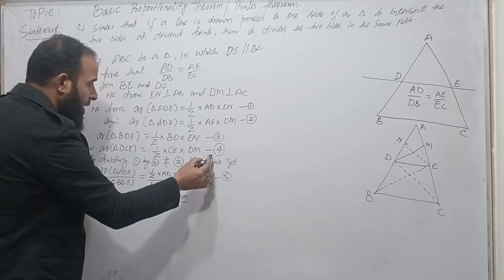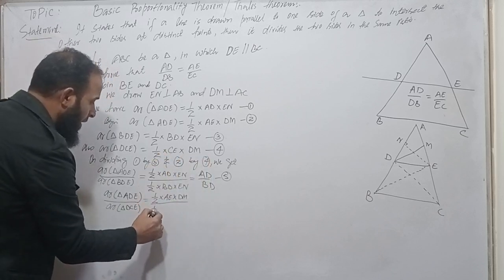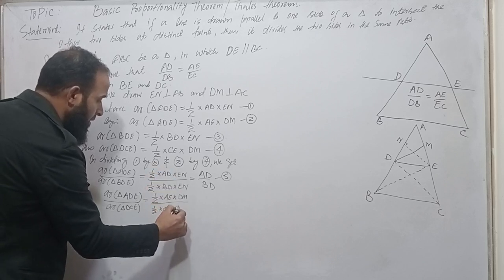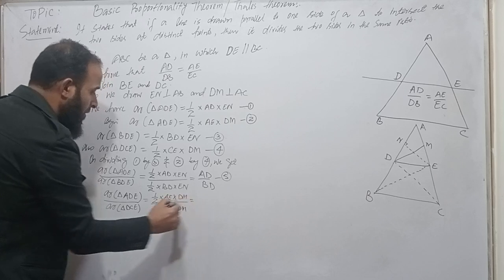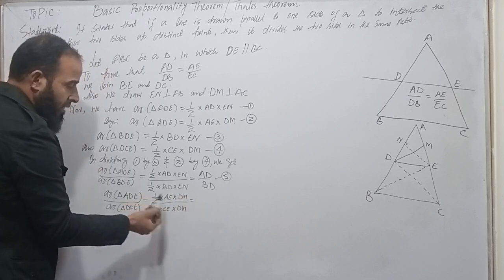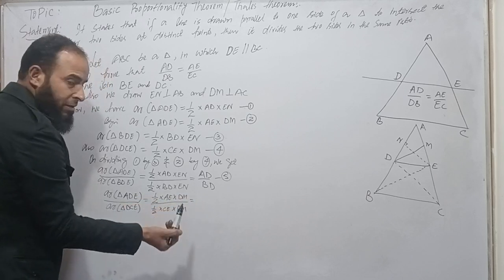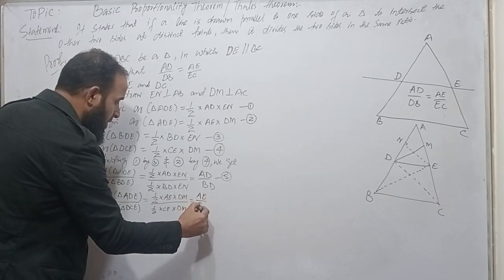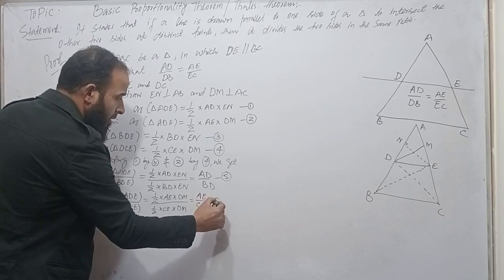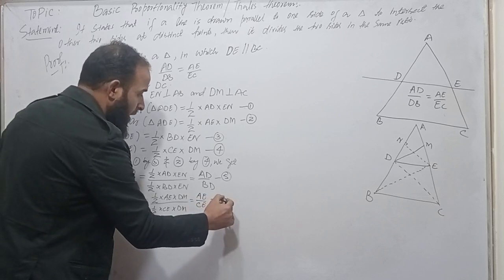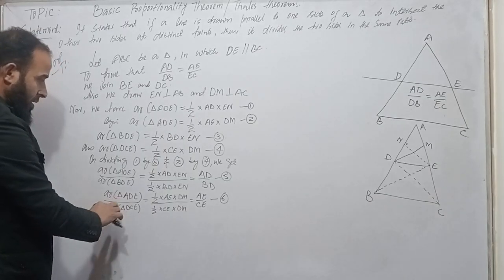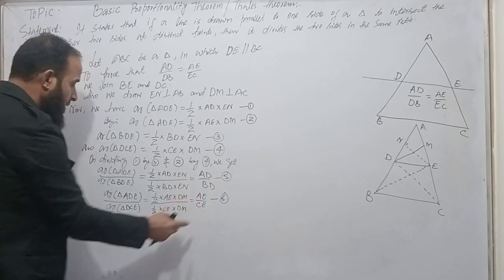And what is the right hand side of fourth? It is 1/2 of CE cross DM. And from this we will get this, and this will be cancelled, and it is AE over CE. This is equation 6th.